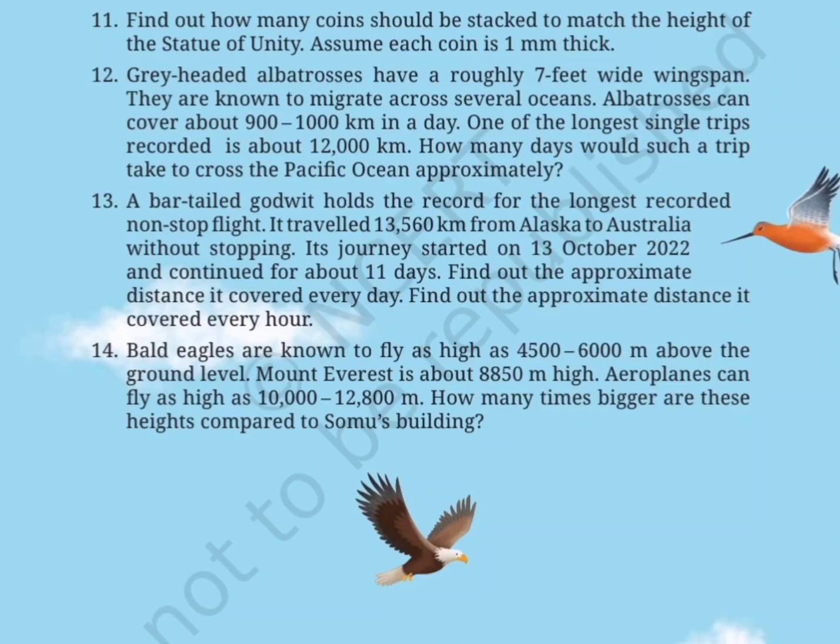So here we have the minimum and the maximum distance covered. So we divide 12,000 by 900 and then 12,000 by 1000 and then find the approximate number of days taken. And this rule applies to the next questions 13 and 14 as well. So minimum and maximum values give you the comparison and the final answer in approximation.